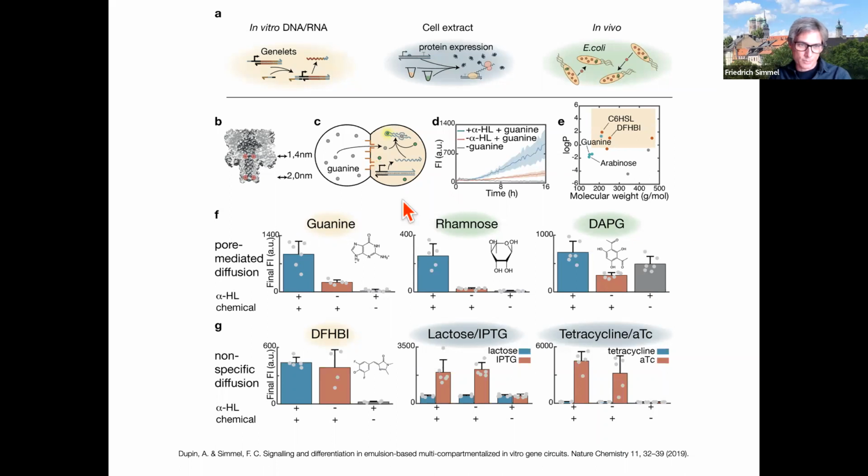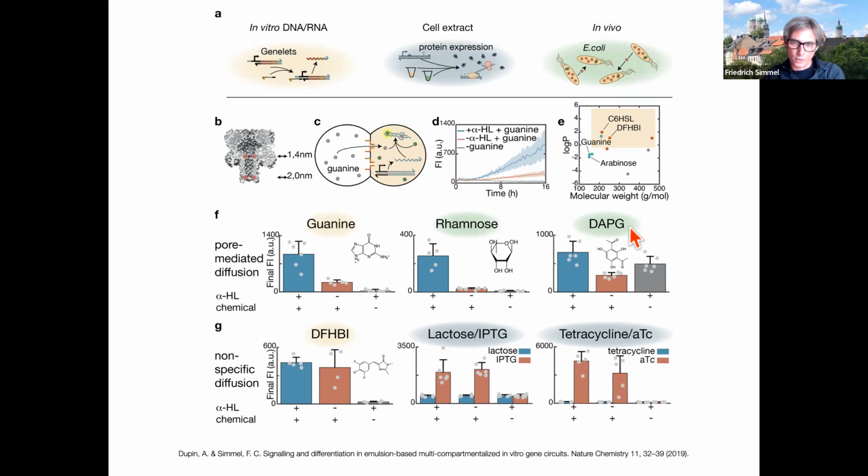In the end, it's not super surprising what is happening: it depends on how big your molecules are and how charged they are, whether they are amphiphilic or not, whether they go through the membrane just like that, or they require a pore. You see here a few examples where you actually need alpha hemolysin to exert some kind of effect downstream.